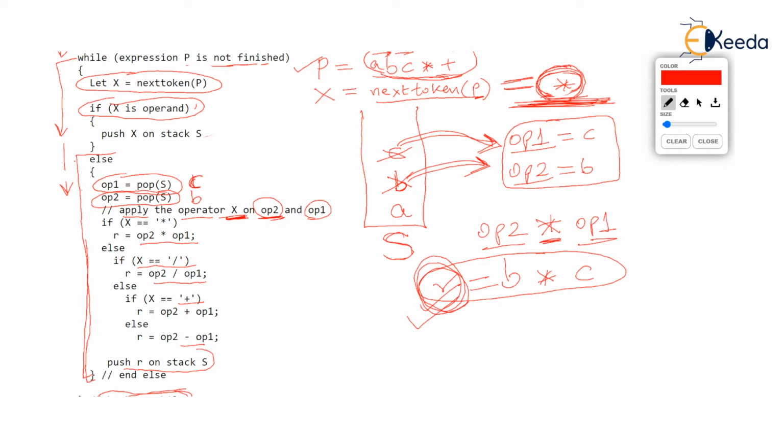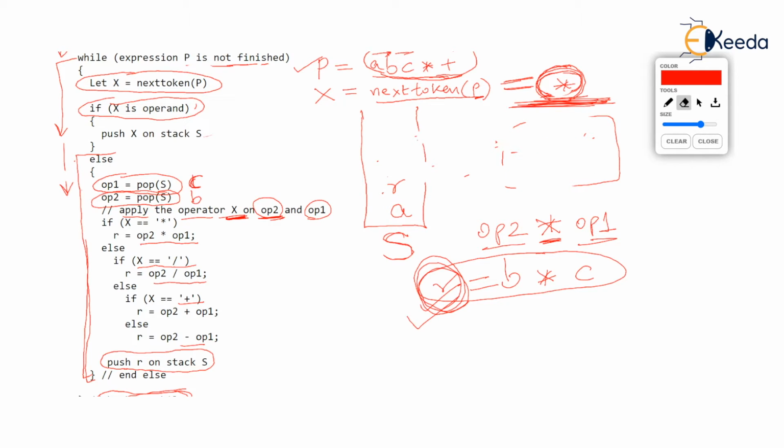We will push R on the stack S. So the result is pushed on the stack. So what do you now see? You don't see C in the stack, you don't see B in the stack. Both were multiplied. R was the result and R was pushed on the stack.